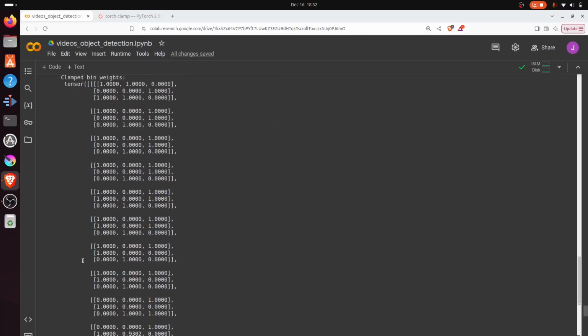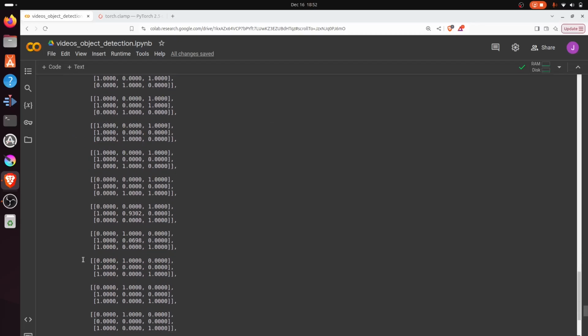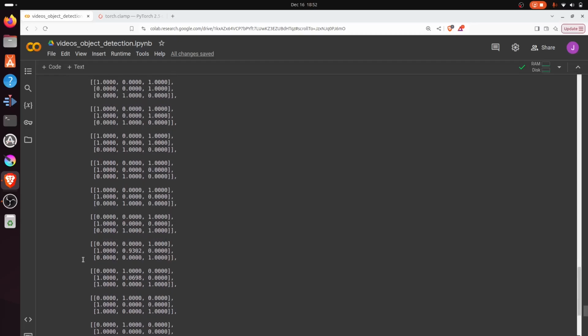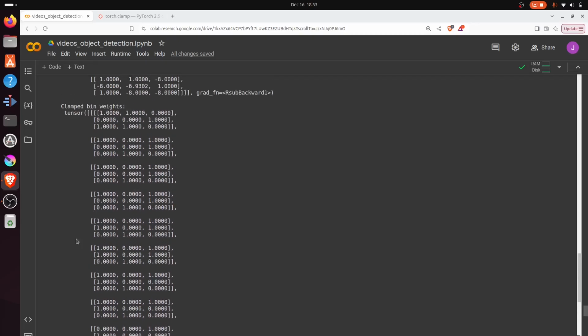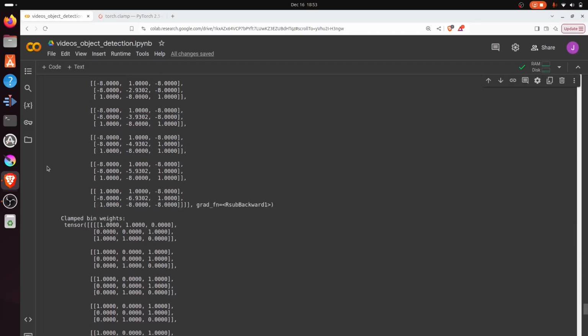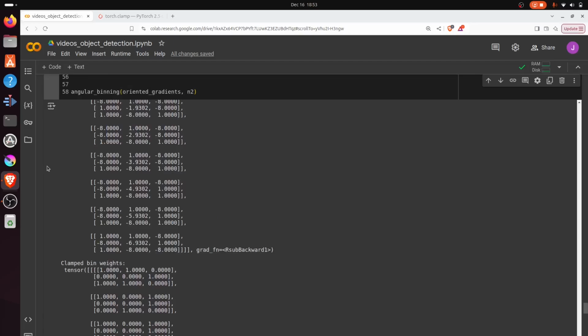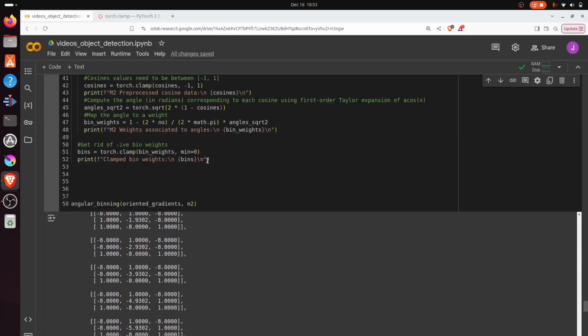We just got rid of them and replaced them with zeros. Because these clamped bin weights are not going to be dividing any value, at least for now in this specific method, it's fine to get zeros within them.